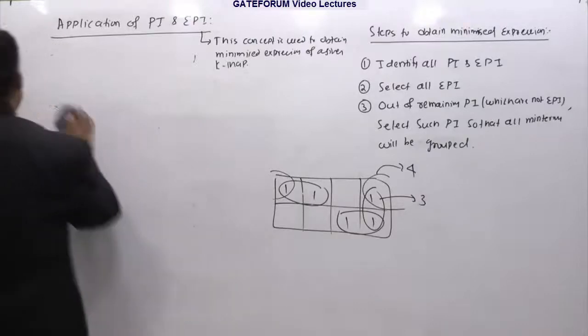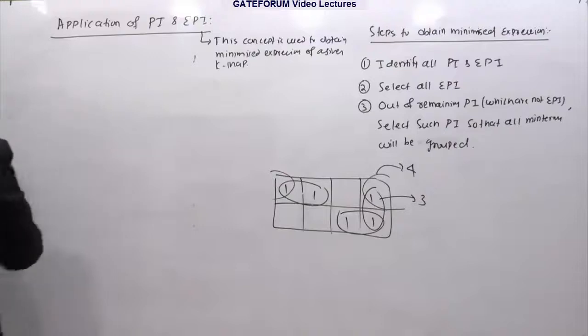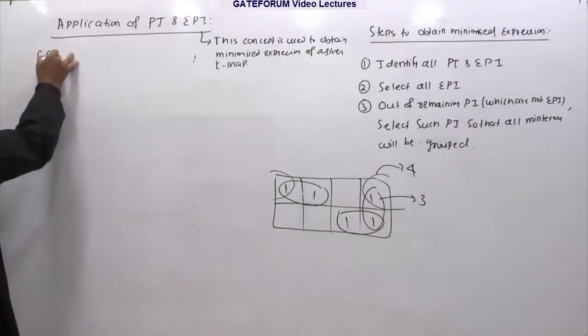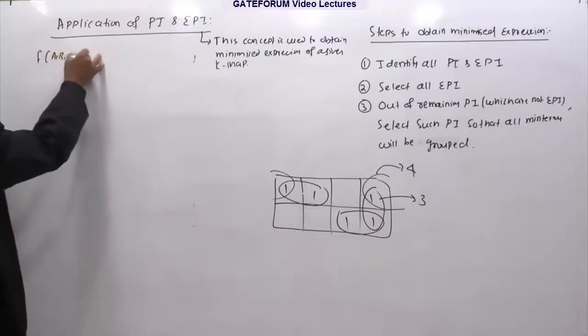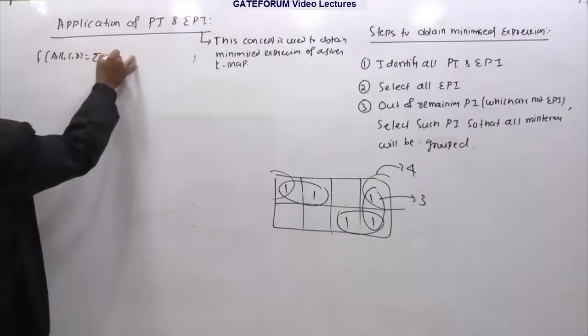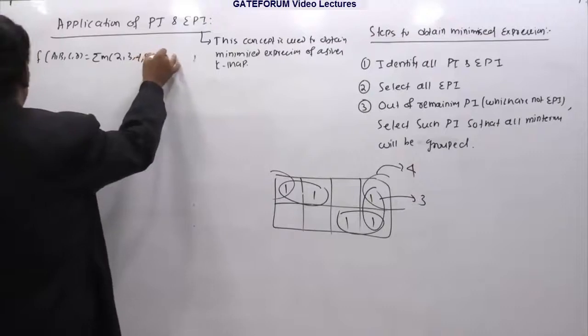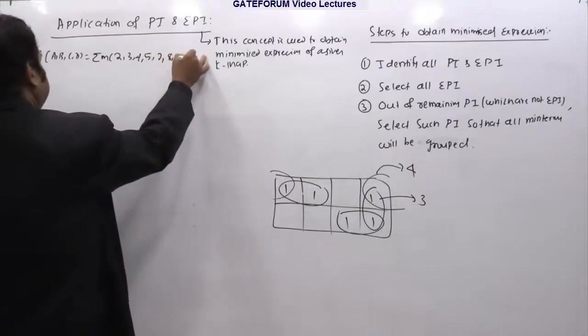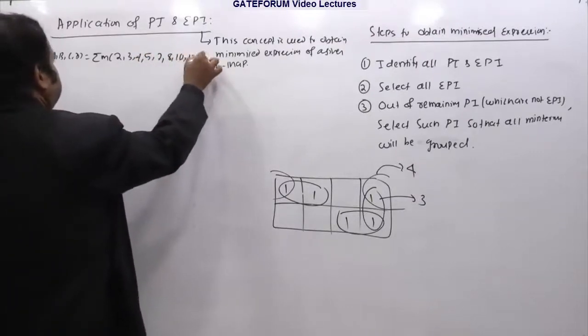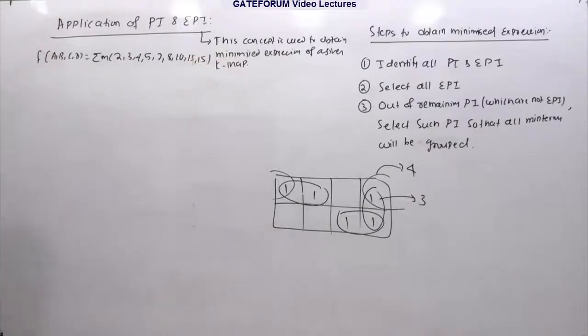Suppose I am giving you a 4 variable function, and let's say the minterms are 2, 3, 4, 5, 7, 8, 10, 13 and 15, right?